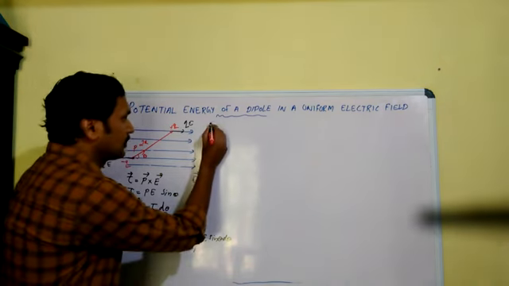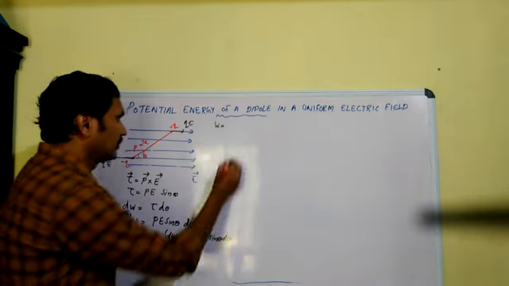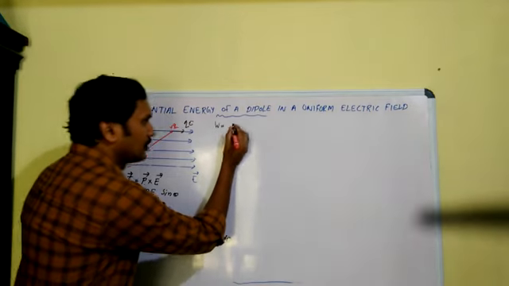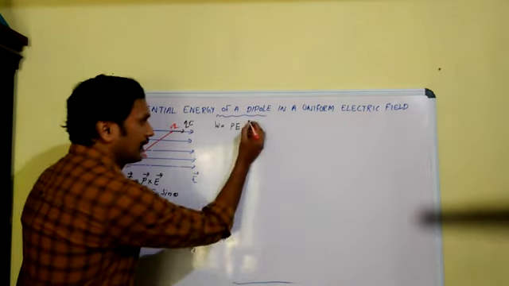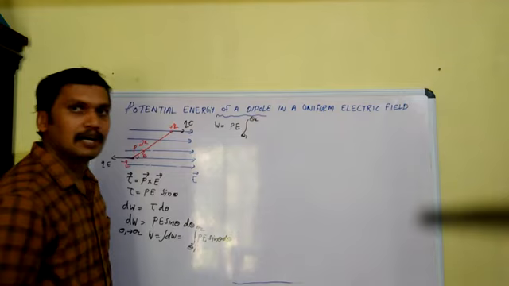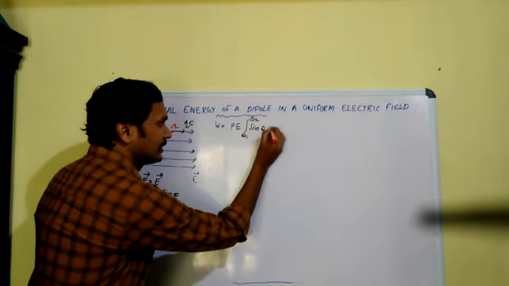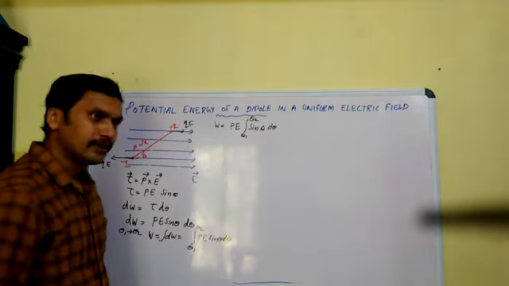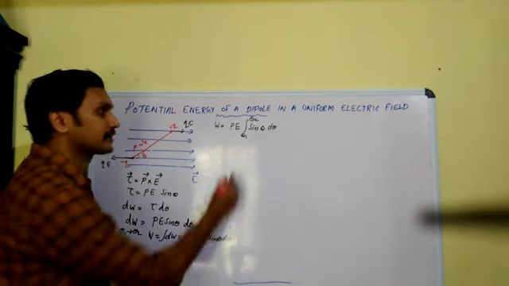So we can write the total work W is equal to the integral where p and E are constant, so we take them outside. pE is a constant, and from theta 1 to theta 2 we have sin theta d theta. Doing the integration, we know that the integral of sin theta d theta is minus cos theta.